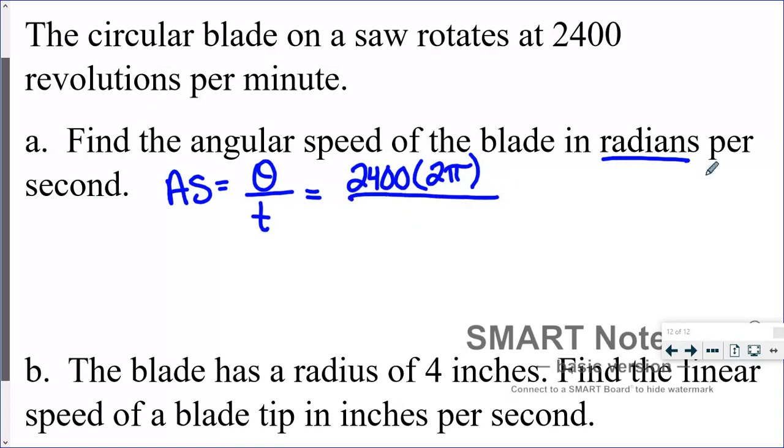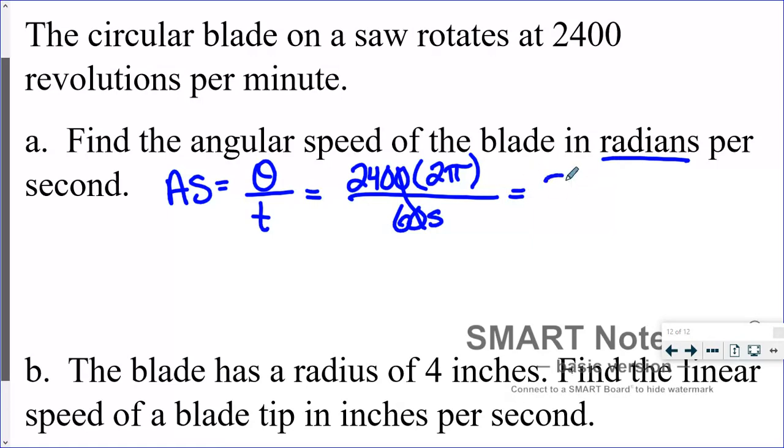Now, it wants this in radians per second. How many seconds are in a minute? So here you just say 60 seconds. So we go ahead and simplify this. Those will cancel. 24 divided by 6 is 4, so that's 40.